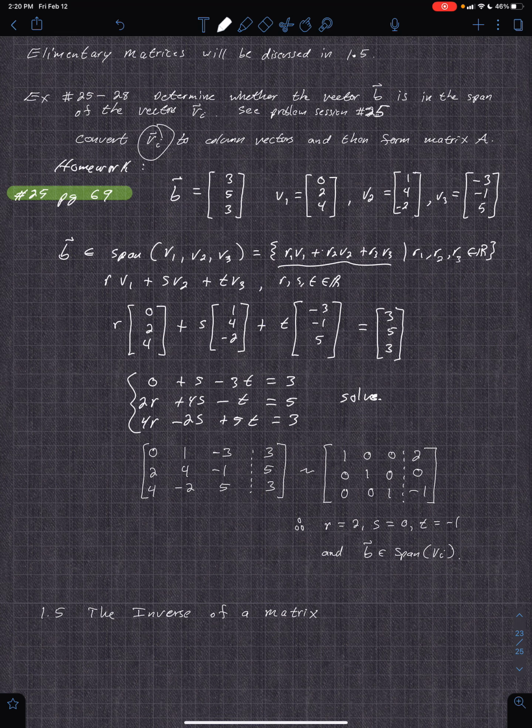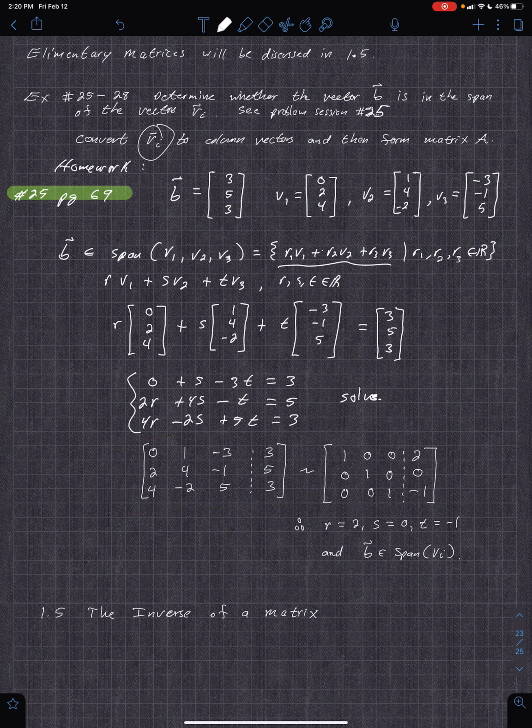So I set this up kind of how you would really think about it. You have R, S, and T just to be simpler. And then here are your column vectors. If you multiply out and add, you basically add straight across, and you get this form. And it's equal to your vector 3, 5, 3. Then you set this up into your augmented matrix and do your row reduction.